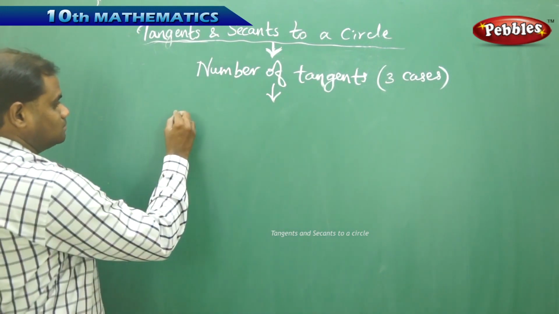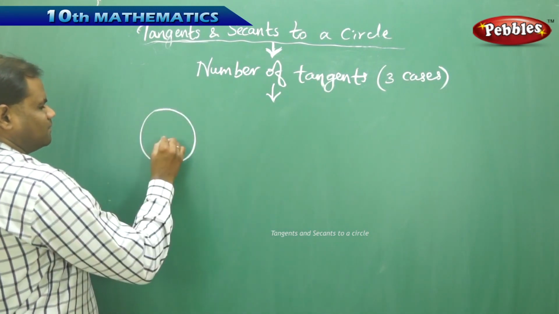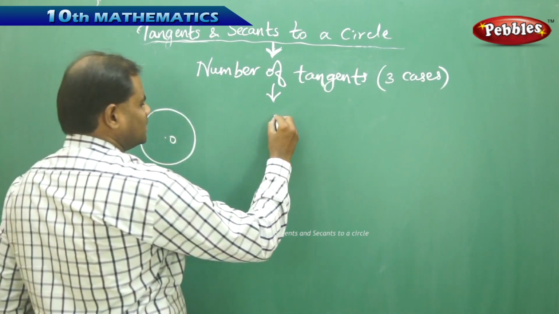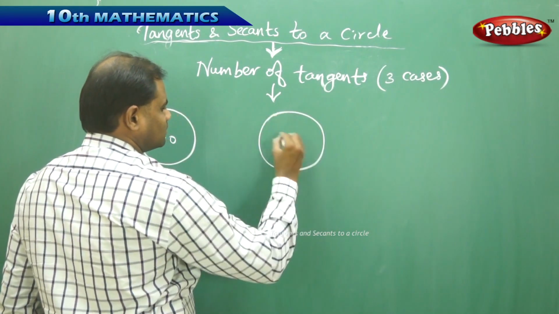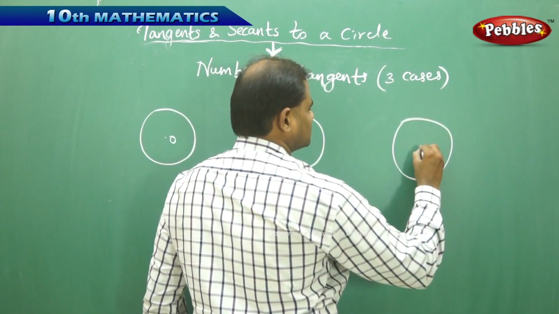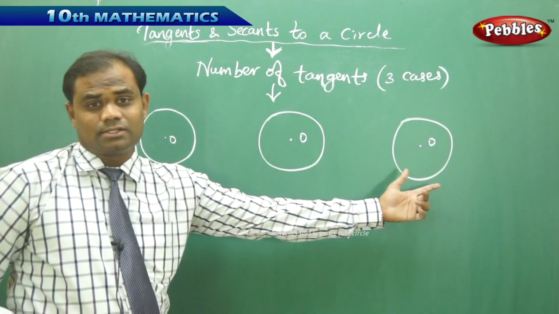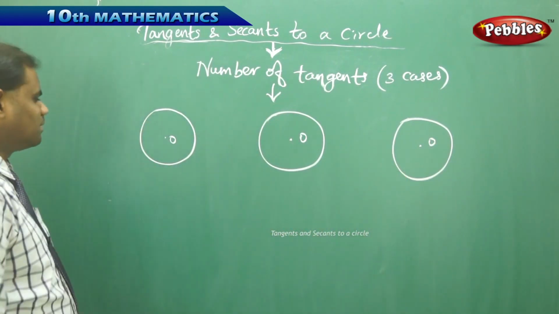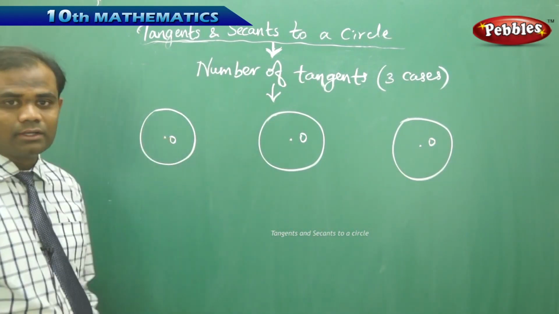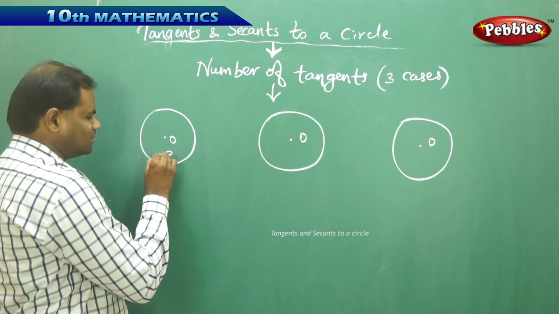Say for example, I have a circle with center O. Similarly, I have a circle with center O, and I have a circle with center O. Now for these three different circles taken with the same center O, let me take the three cases where I take the point P initially lying inside the circle.